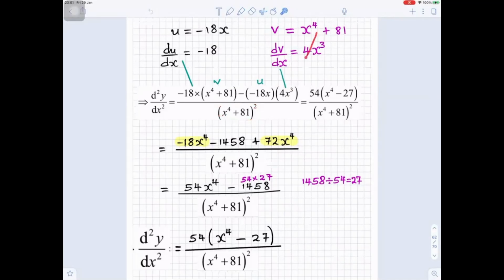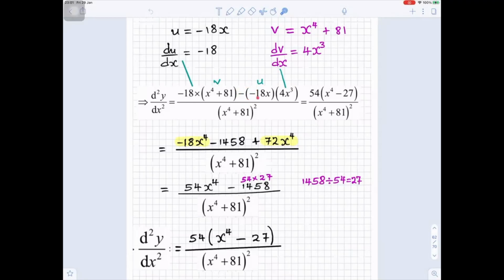And v is x^4 plus 81, so v squared. Now what we want to do is multiply out and remove the brackets. So minus 18 times x^4 gives you minus 18x^4. Minus 18 times 81 gives you minus 1458.